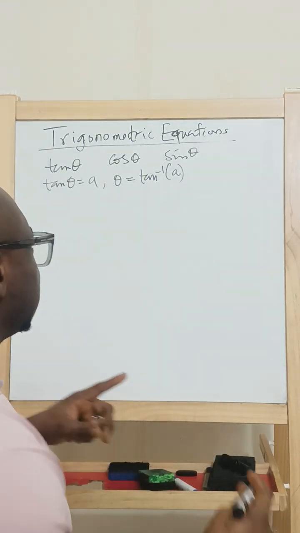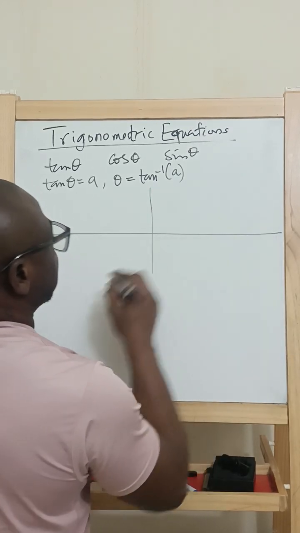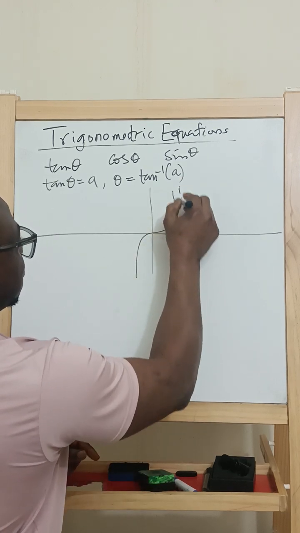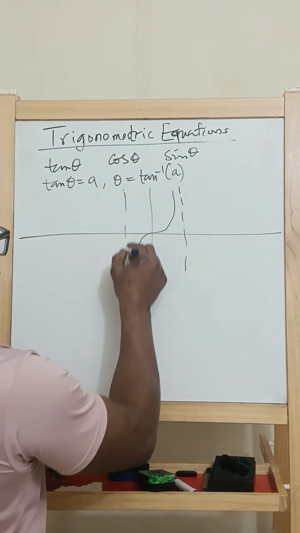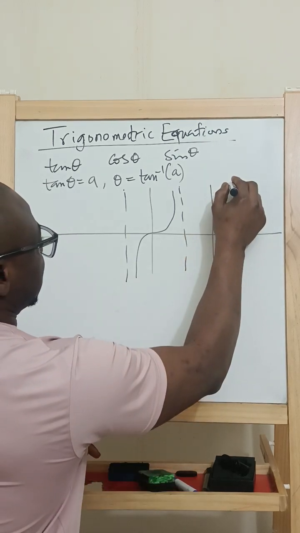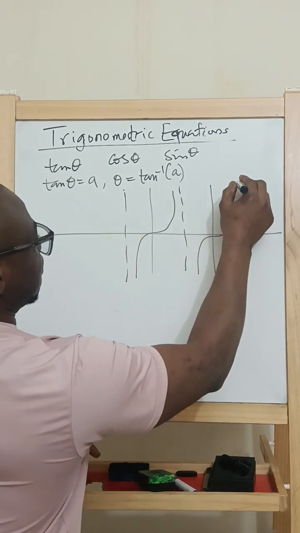Because if you look at the curve of tan theta, for instance, let's say this is the curve, line of asymptote. Let's say another curve is here, then the line of asymptote is here.